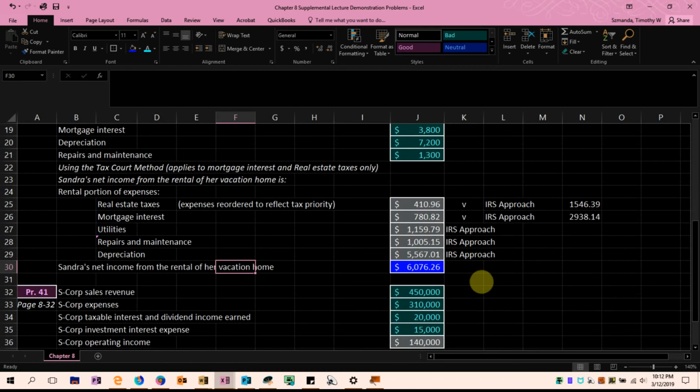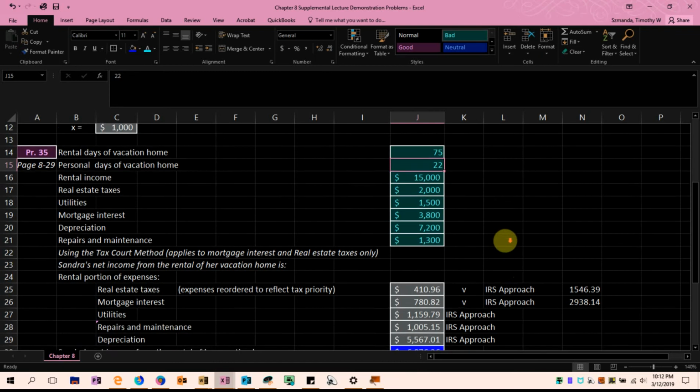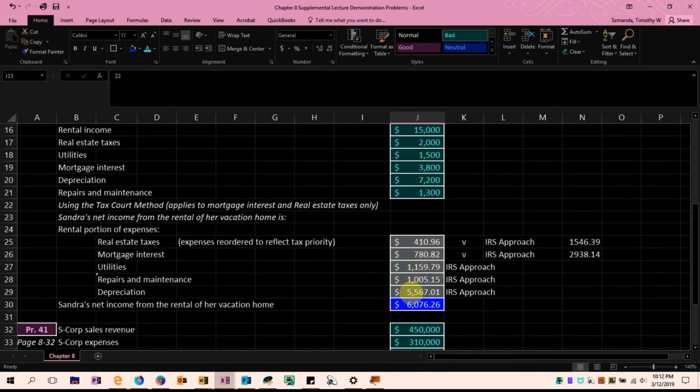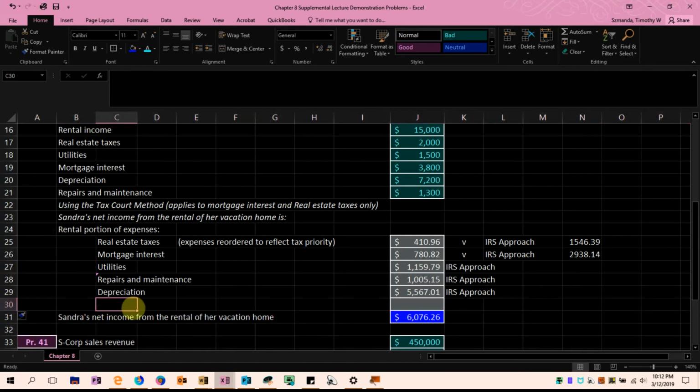Okay, so that's the way in which we allocate shared expenses when it's used for rental purposes and for personal purposes, where we have to allocate shared expenses. Now, we don't have any in this problem, but what if we had expenses that directly related only to the rental property? One that comes to mind for me, and I'm just going to insert this temporarily, is advertising expense.